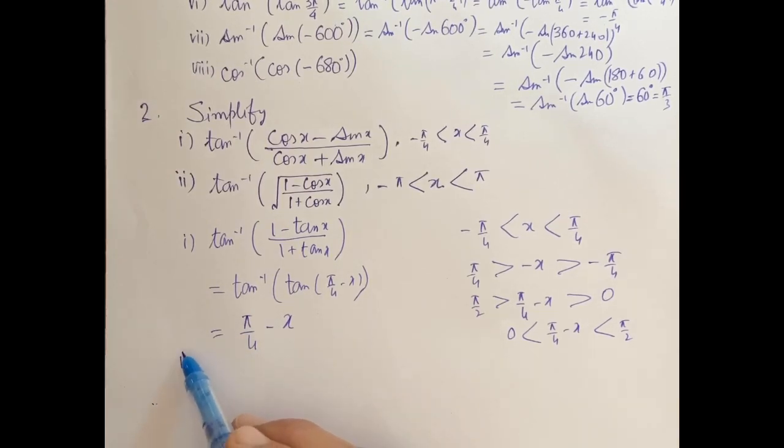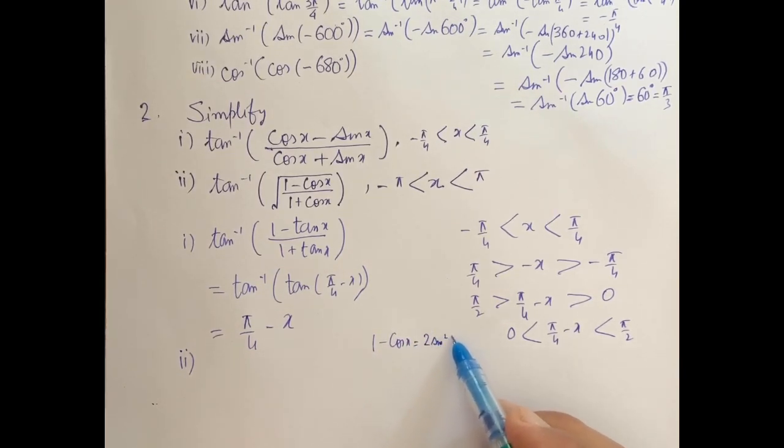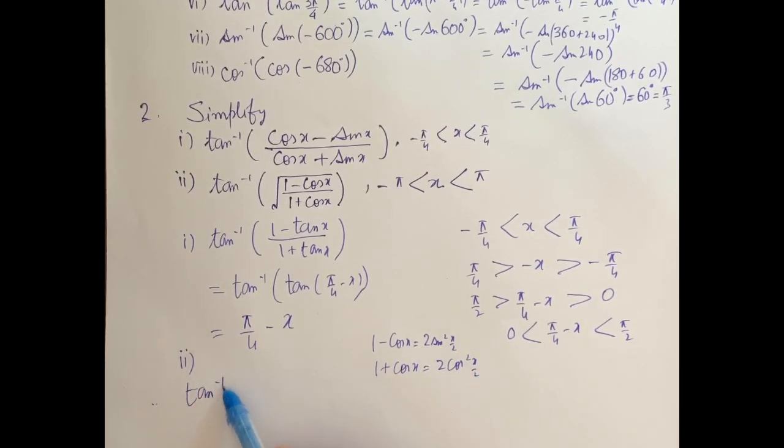And for the second part, we use these formulas. 1 minus cos of x is 2 sin square x by 2. 1 plus cos of x is 2 cos square of x by 2. So this simplifies to tan inverse of the root of 2 sin square of x by 2 divided by 2 cos square of x by 2.